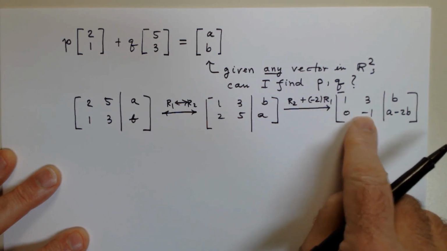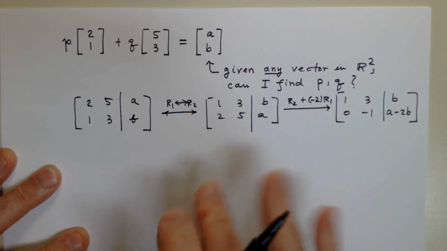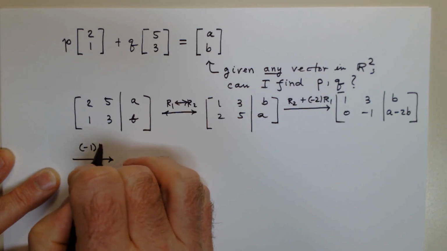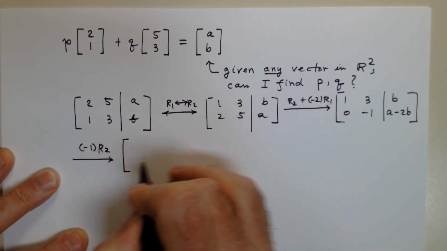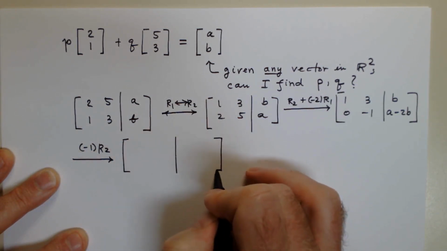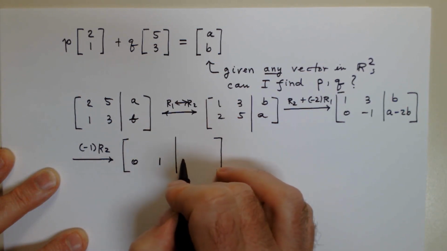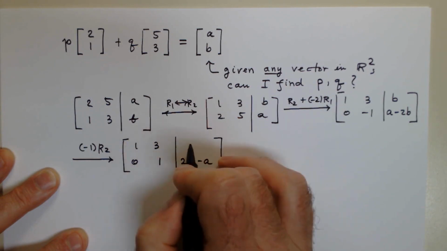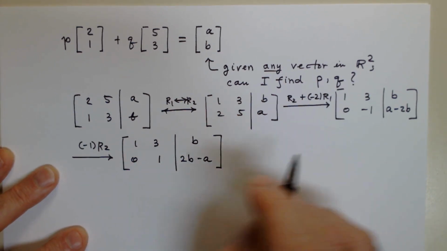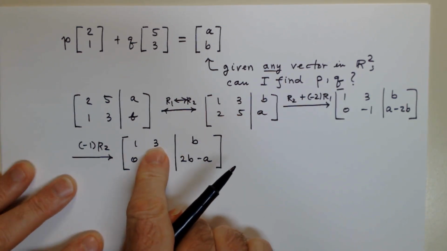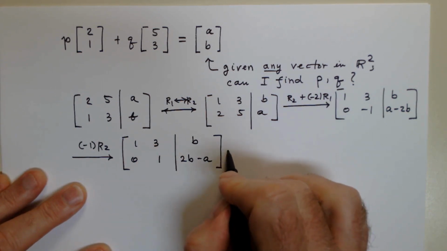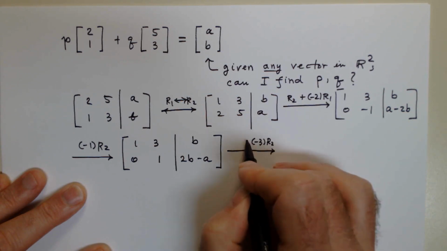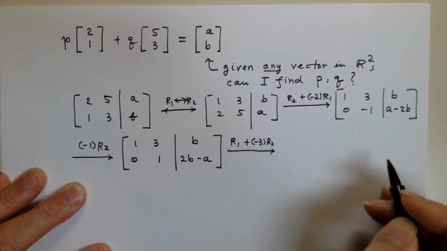Okay, now we need to turn this into a 1, so I'm going to scale by -1. And now my last step is going to be to use this 1 to eliminate that 3. So we'll do -3 times row 2 added on to row 1.